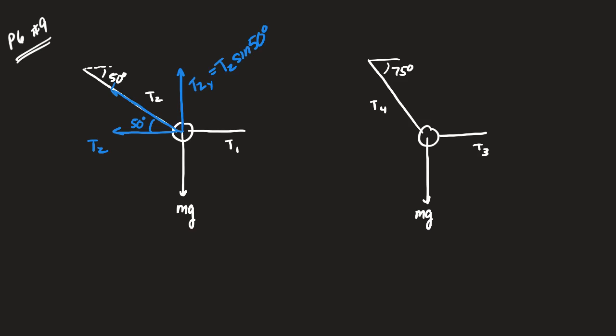It's got to be the y component. So T2 sine 50 has to equal mg for the y part to balance. Which means that T2 has to equal mg over sine 50.